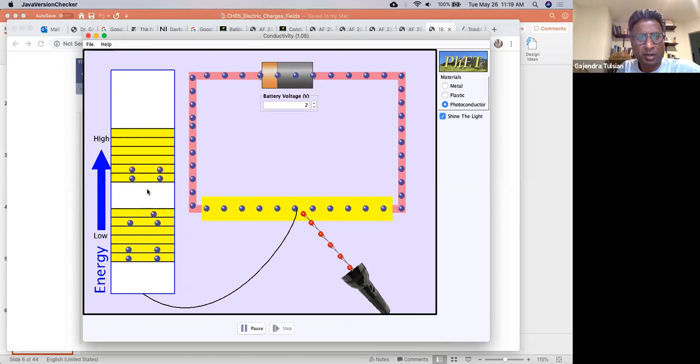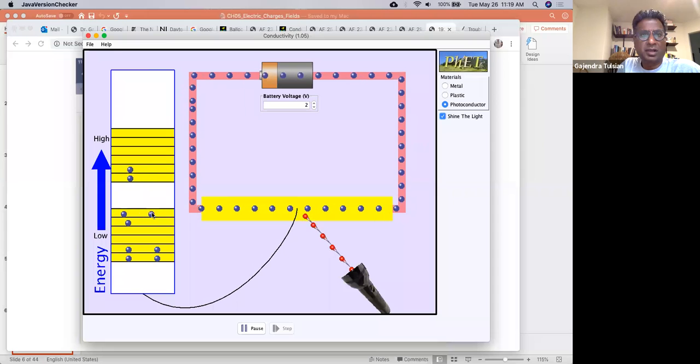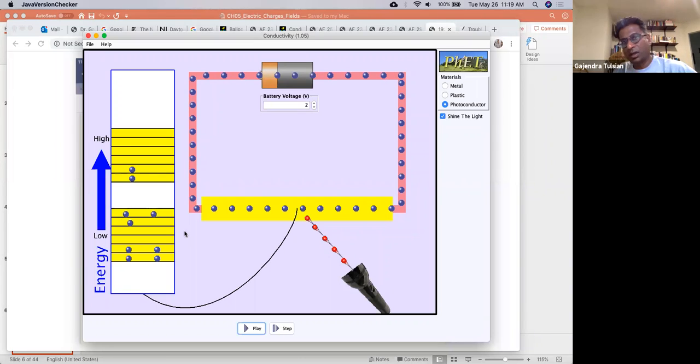Semiconductors have similar properties. They'll have impurities in them, roughly around there, and those electrons can be thermally excited easily into empty levels. So here's another point of view of conductivity.